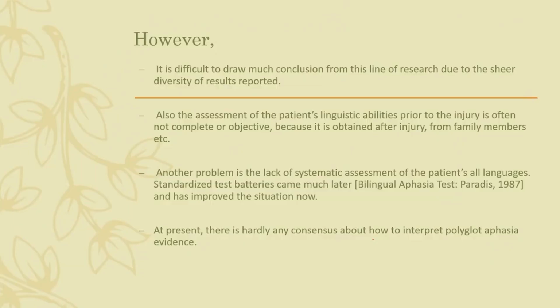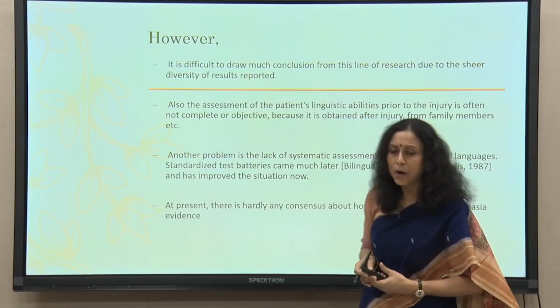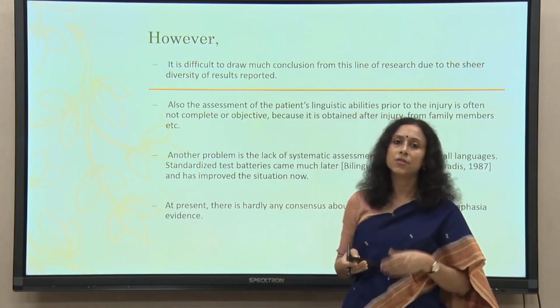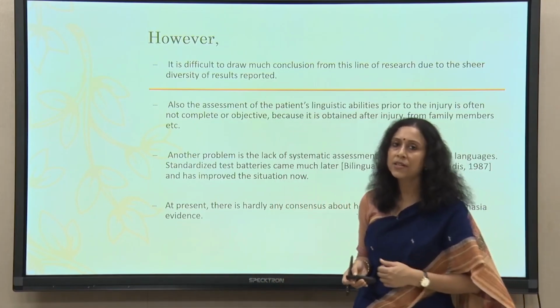These are the 4 standpoints which try to explain the differential pattern of bilingual aphasia and the way it affects bilinguals in different languages. However, the problem is that the data is so varied and each patient is different.